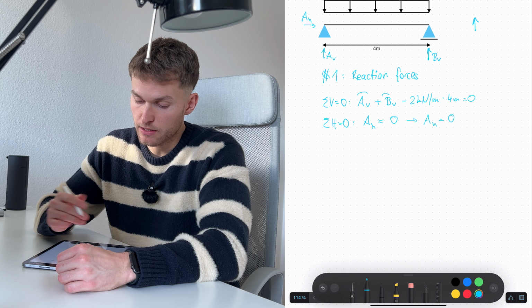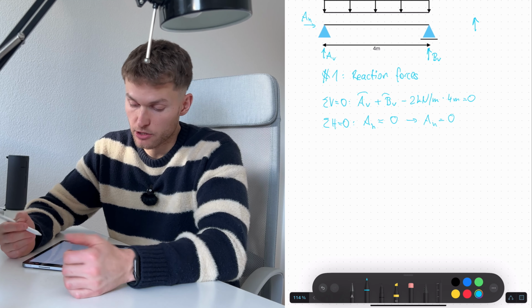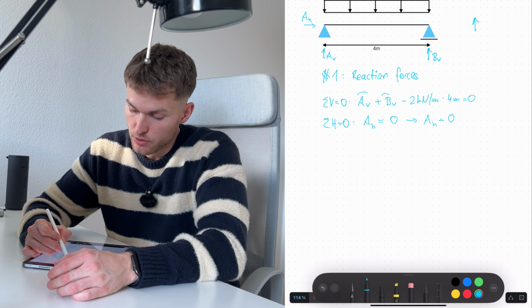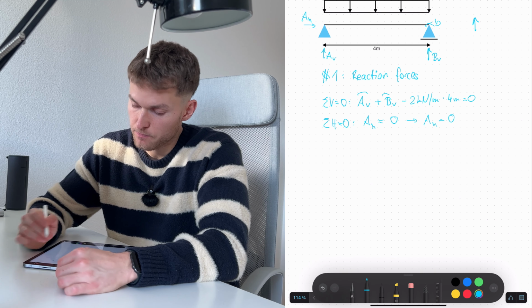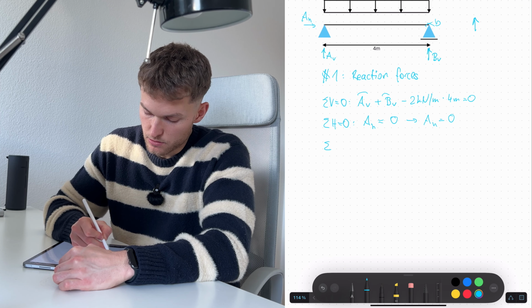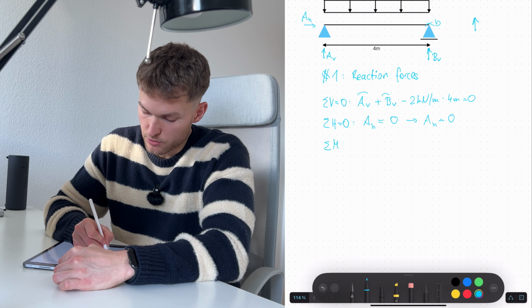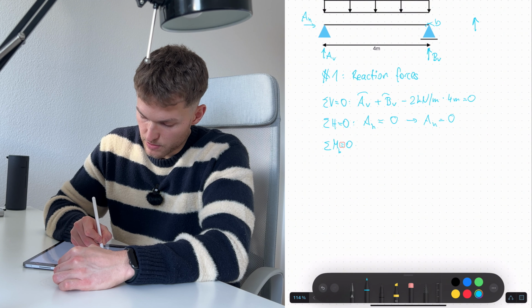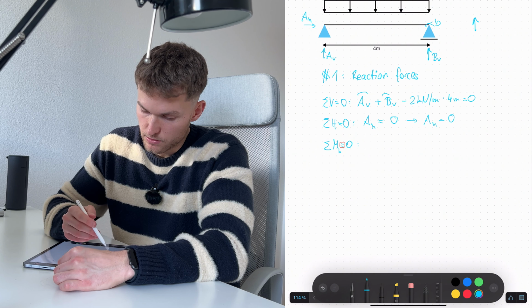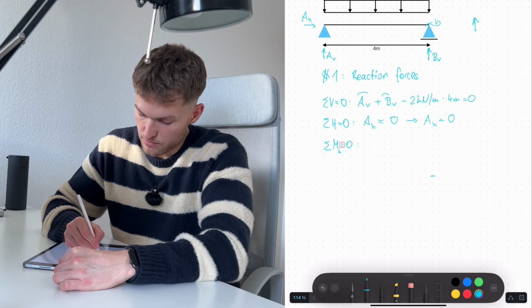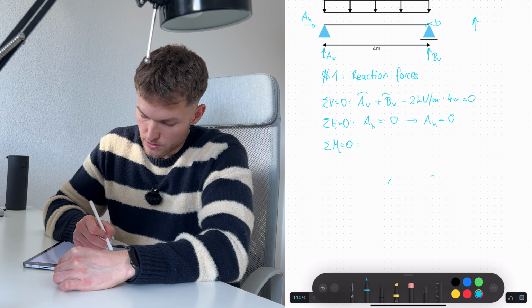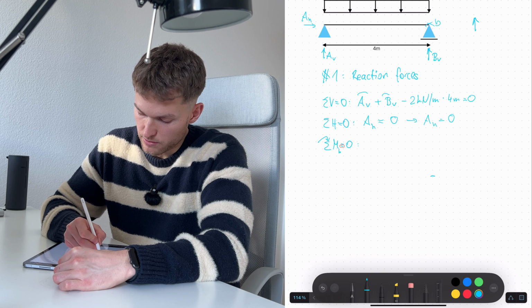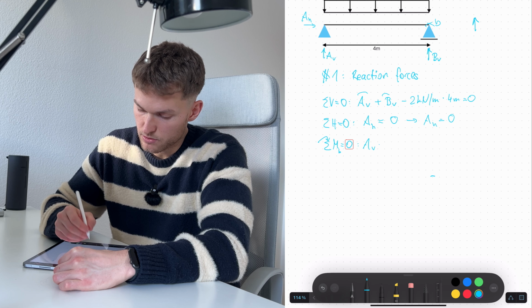And we have to choose a location for that. Let's say we do it in point B. So moment equilibrium in B equals 0. So what do we have? We have AV, and we say this is the positive direction. So we have AV times 4 meters.